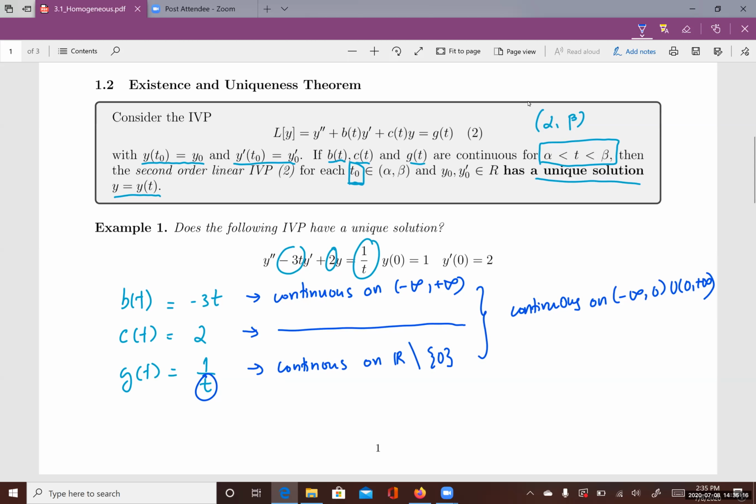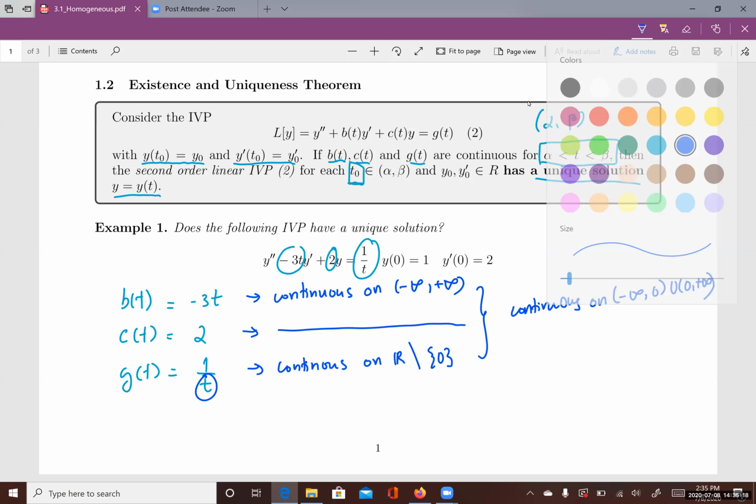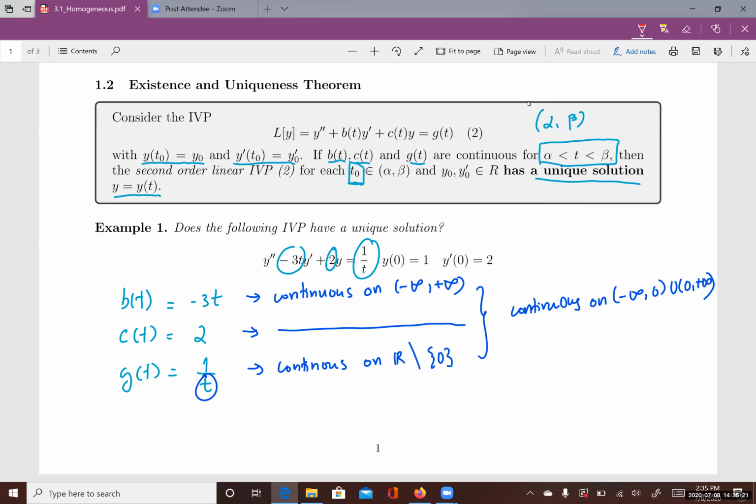Now let's look at t0. t0 in this case is 0, and it does not belong to these intervals, because 0 is the point where the function g of t is not even defined, let alone continuous.